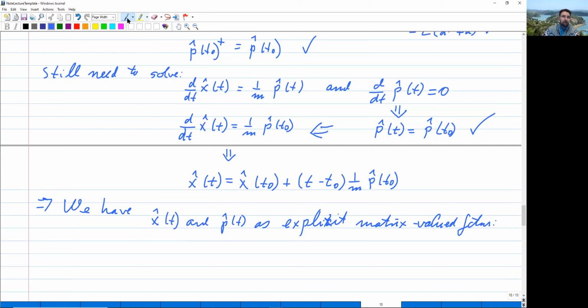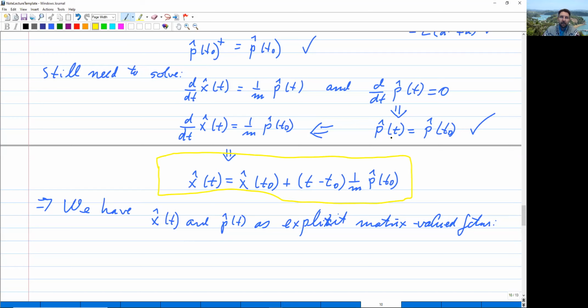Namely, we have, here it is, this is an explicit matrix valued function of time because x hat of t naught is expressed in terms of a and a dagger, which are expressed explicitly as matrices.